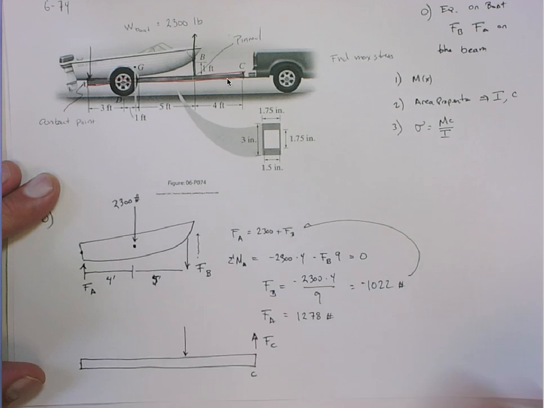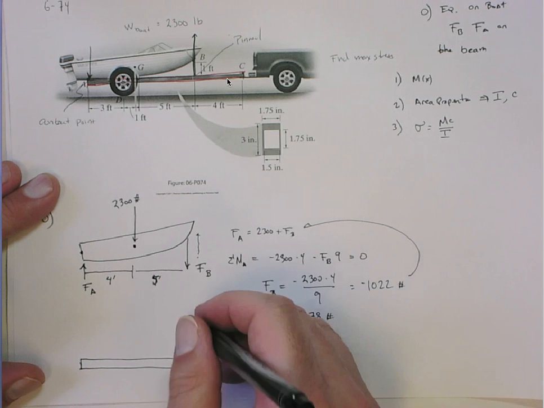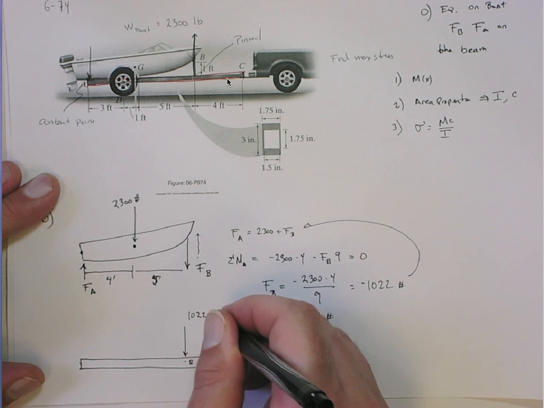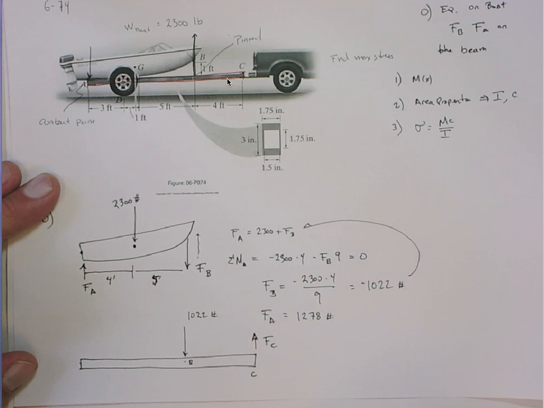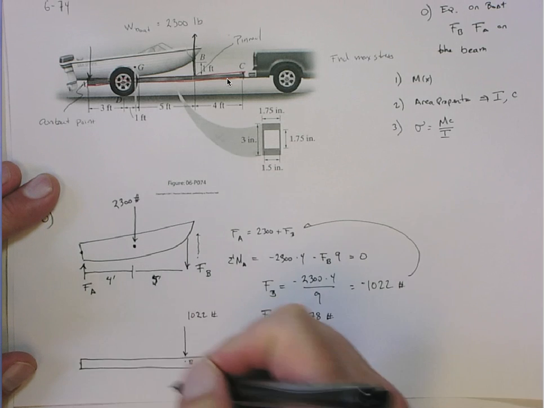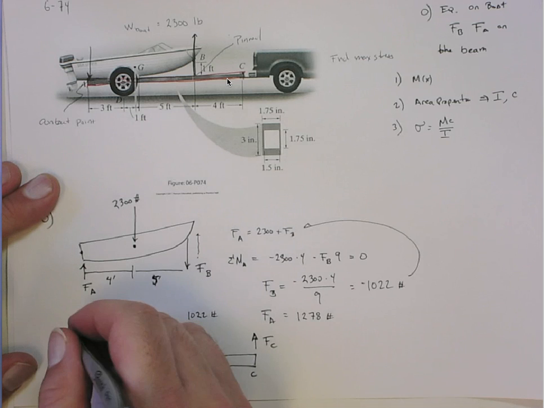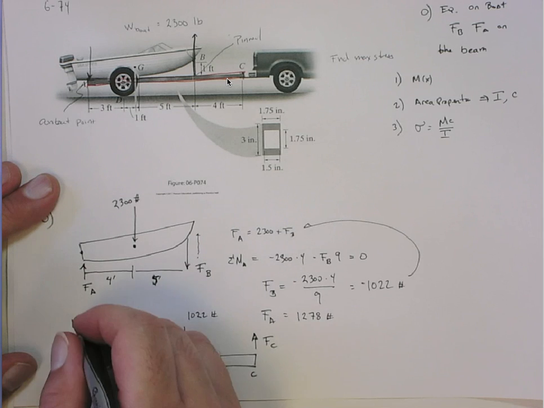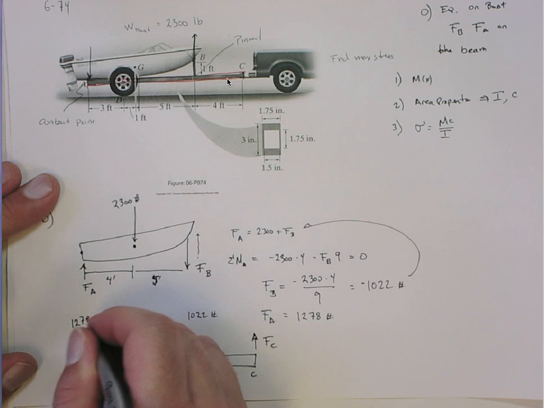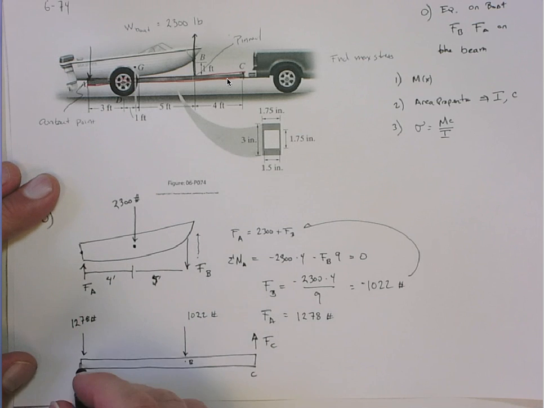It acts downward. That's at B, and that has a value of 1022 pounds. That's known. We also have at A, another downward force from the boat. That's 1278 pounds acting downward. That's at point A.